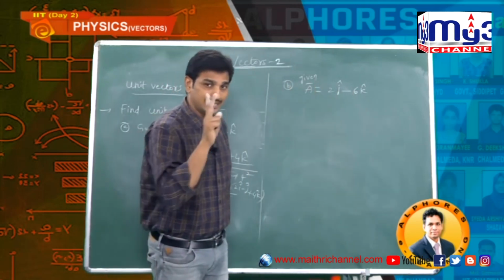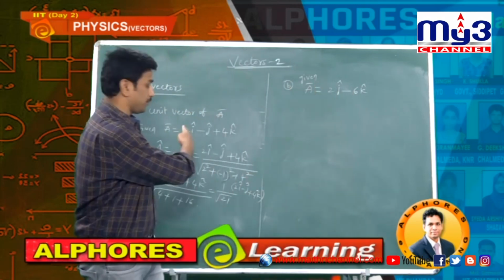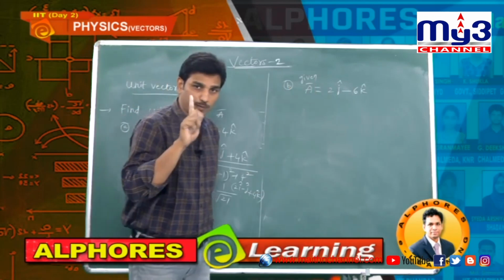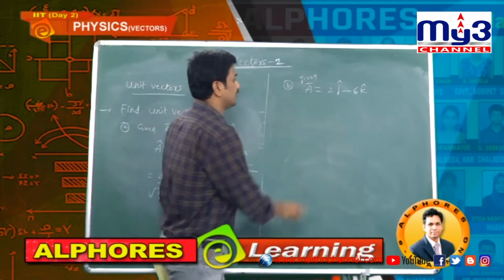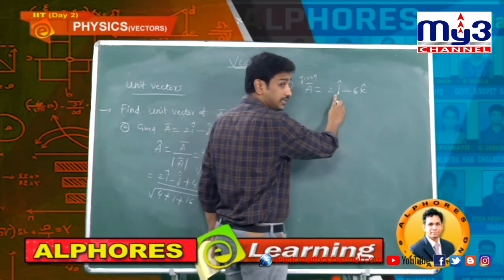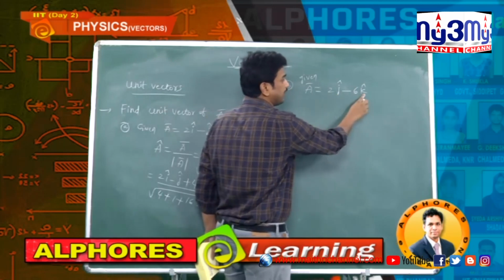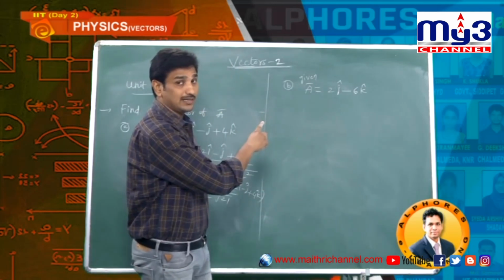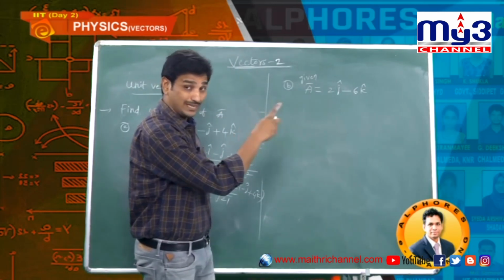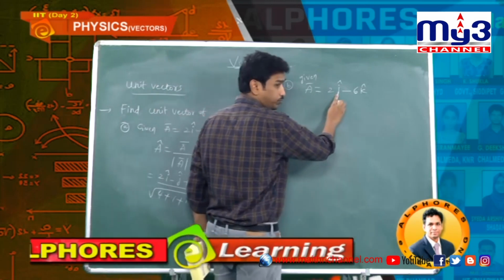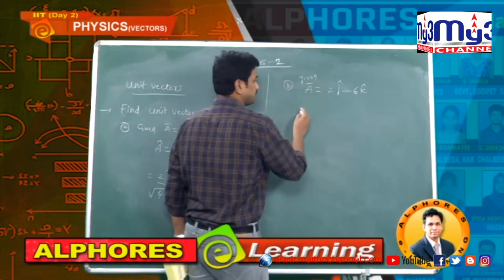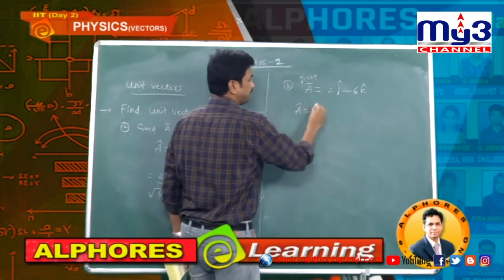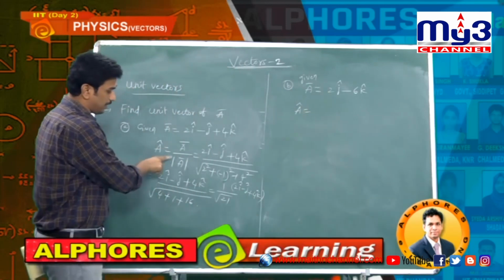Two components it is 2D, three components it is 3D, only one component it is 1D. It is in the y-z plane. So this vector is in the plane of negative yz, y is positive, z is negative. Now the A cap formula, A bar by mod A bar.